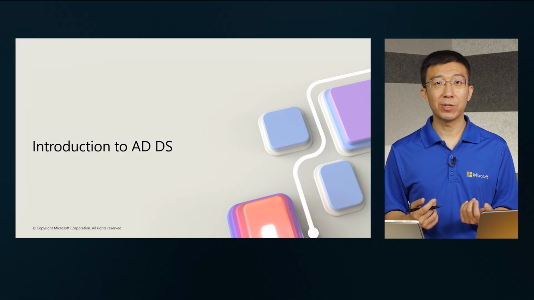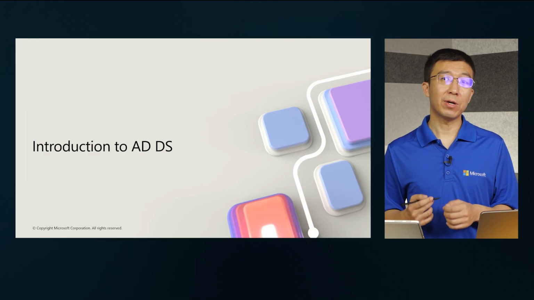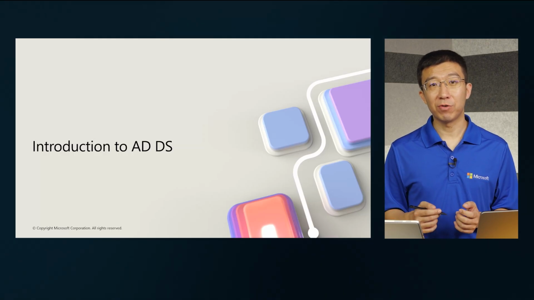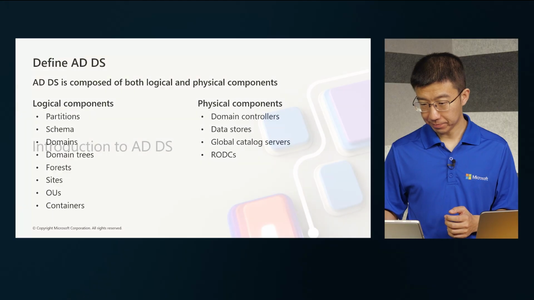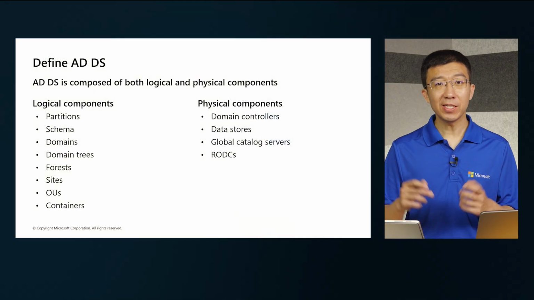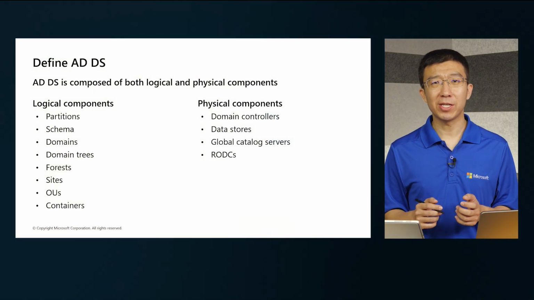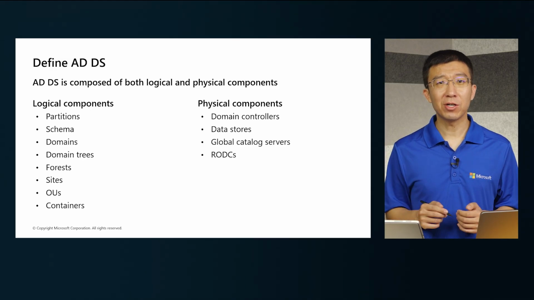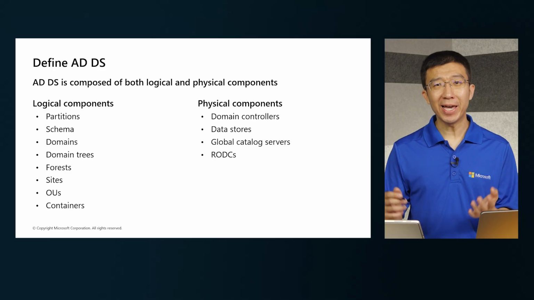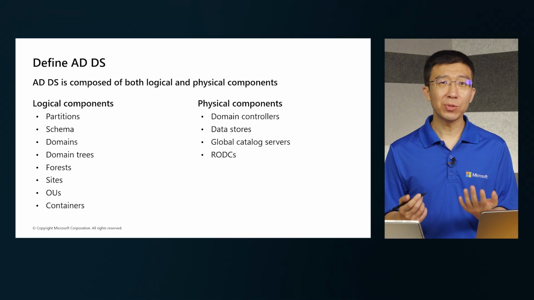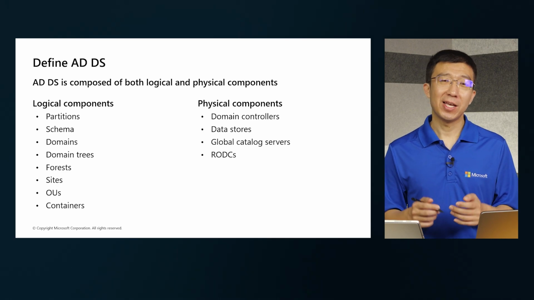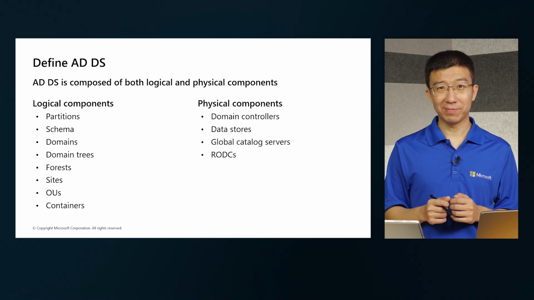Our first module is all about Active Directory Domain Services, or ADDS for short. Let's break down what makes up ADDS. There are logical components like domains, forests, OUs, and containers. These help organize and structure your directory.